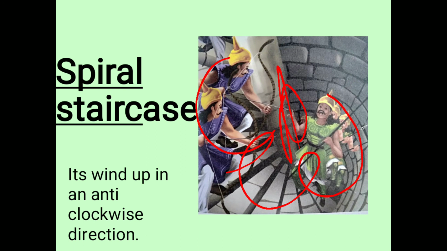So the people of the fort can shoot and attack them easily. That's why they have made this in a clockwise direction, so that they can easily attack the enemy people.